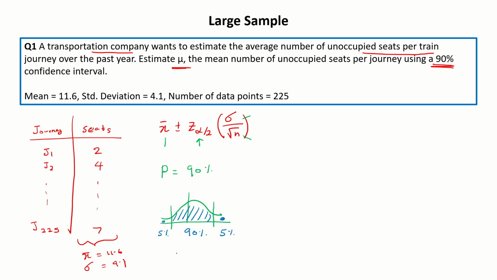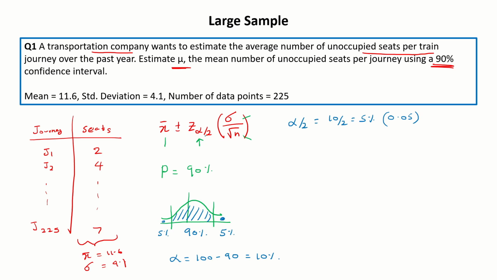So in essence, alpha in this case would be 100 minus 90, which is equal to 10%. And of course, alpha over 2 would be equal to 10 divided by 2, which is 5%, or 0.05.